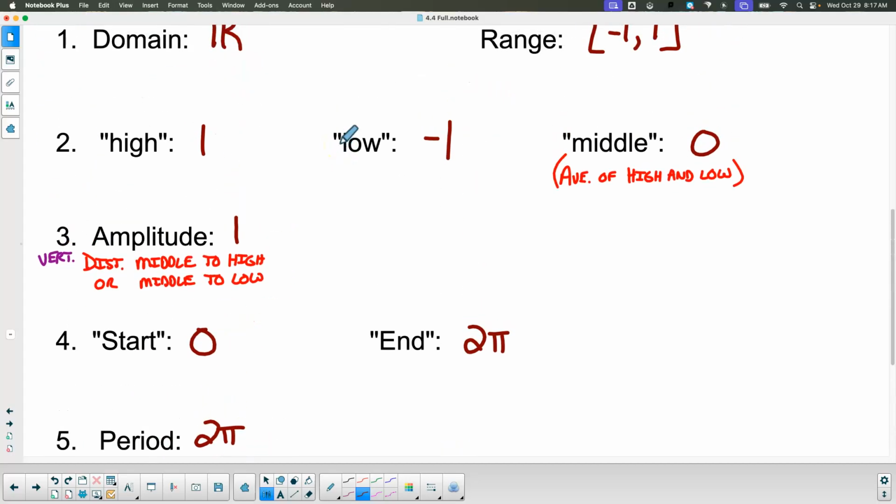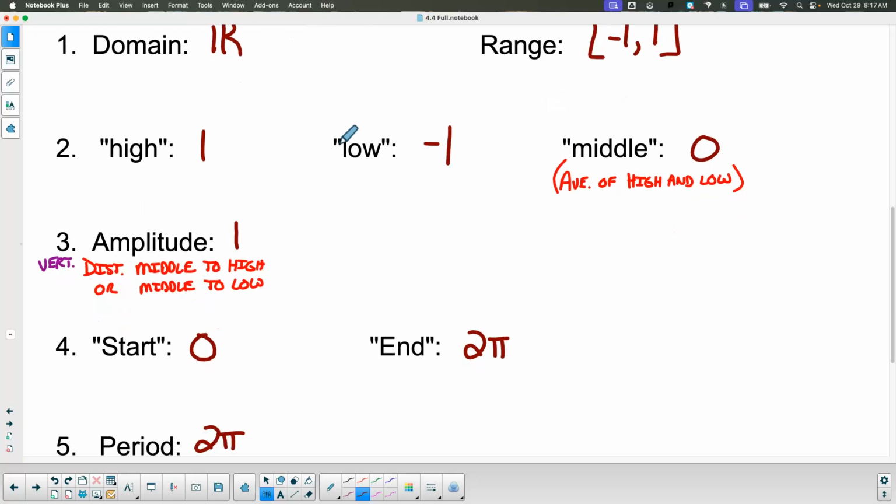So there are 9 things that we can ask you about any graph to go along with the graph. If we're looking ahead to the test on the 14th of November, there's going to be 6 graphs on there.